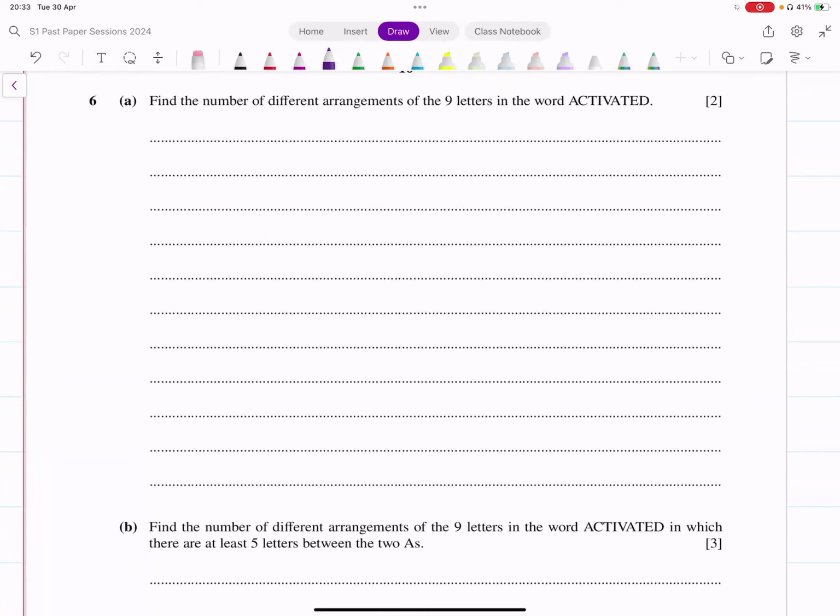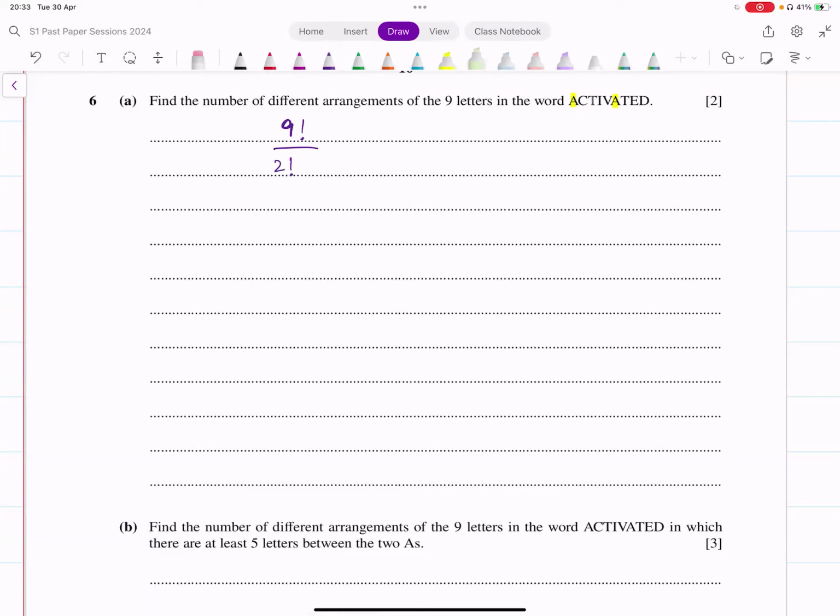It says, find the number of different arrangements of the 9 letters in the word activated. Okay, so there are 9 letters. That's 9 factorial. Let me see if there are any repetitions. There are 2 A's, so we divide by 2 factorial because of those 2 A's.